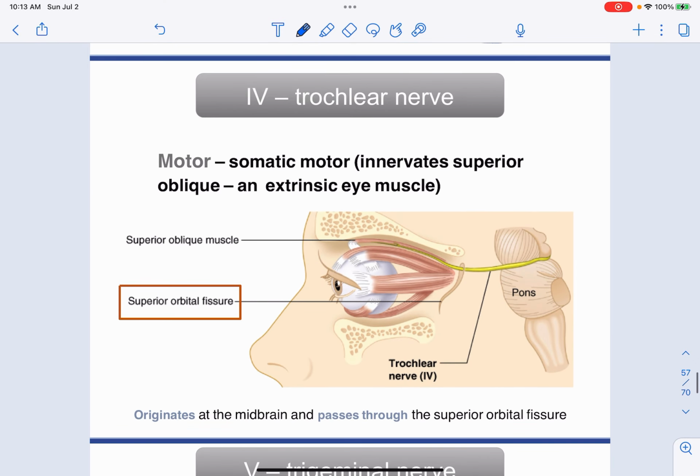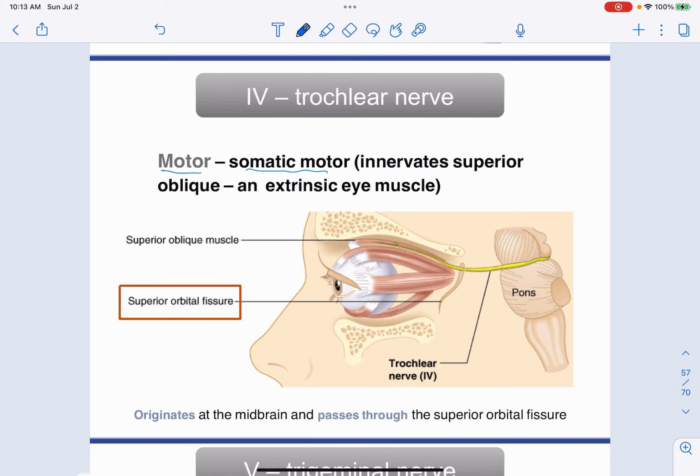The fourth cranial nerve is called the trochlear nerve. This is also a motor nerve. It has somatic motor information. It is also going to innervate some of the eye muscles, okay? You don't really need to memorize which muscles, just that they are eye muscles.